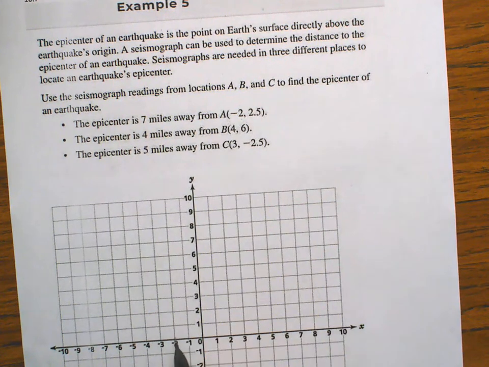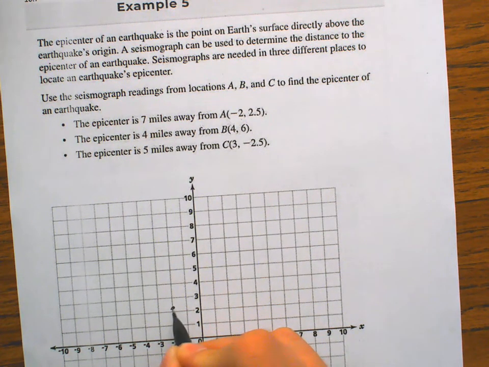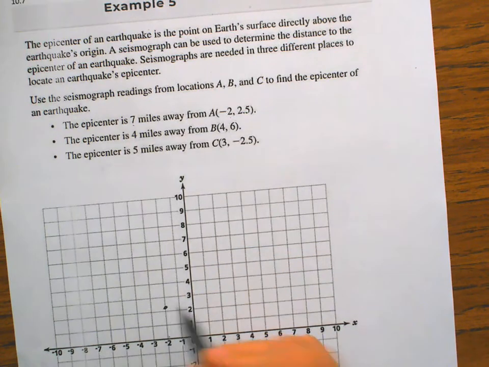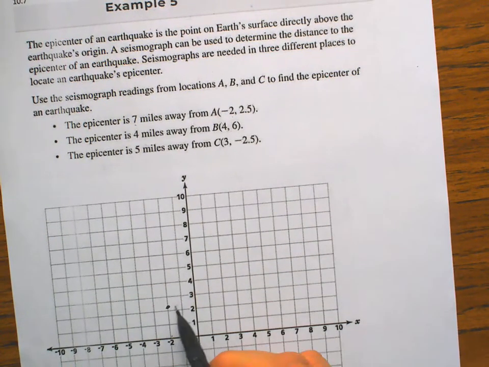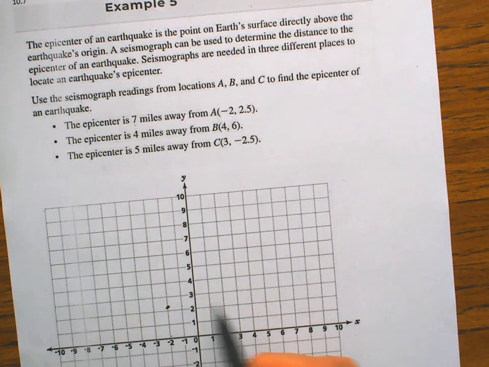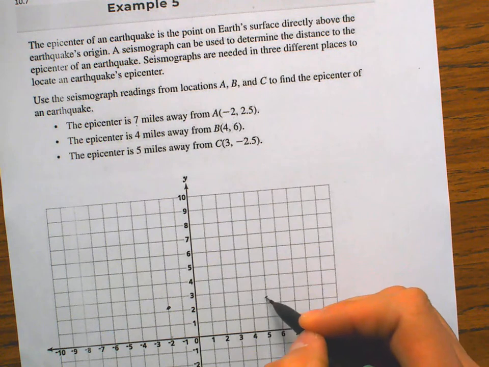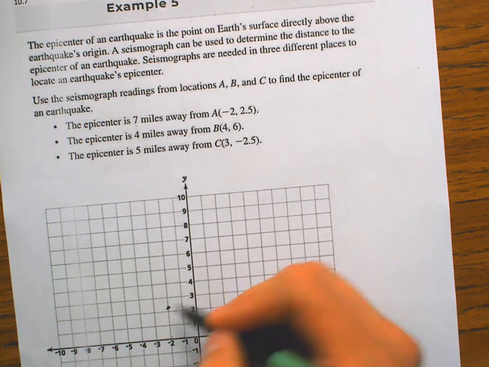Negative 2, 2.25 is going to be the center of the circle, and it's 7 miles away. So I have to count 7 miles left and right. So that is 1, 2, 3, 4, 5, 6, 7. Here's where it's going to get a little interesting.